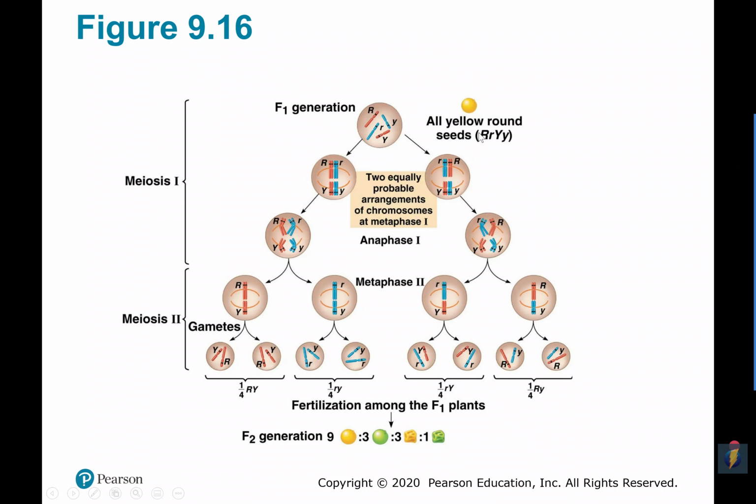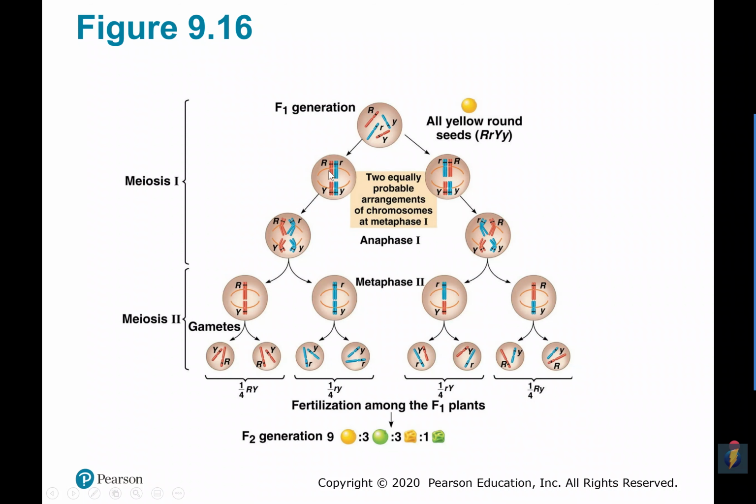So for instance, if we were to look at seeds for a pea plant, right? They're yellow and round. That's two different characters, two different traits. Well, here are the genes for those different characters. And you have two equally probable arrangements of the chromosomes along that metaphase plate.